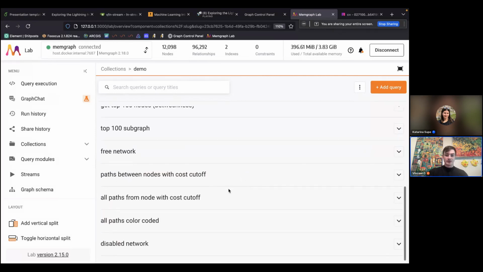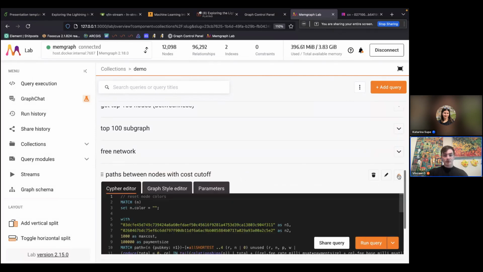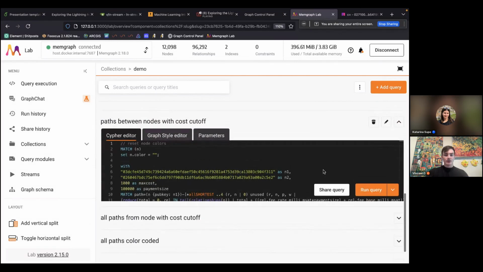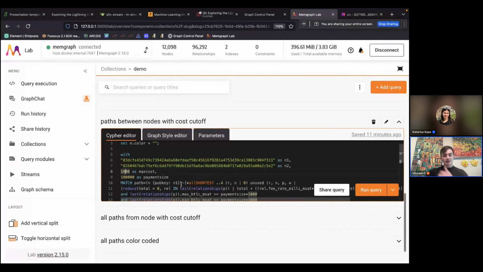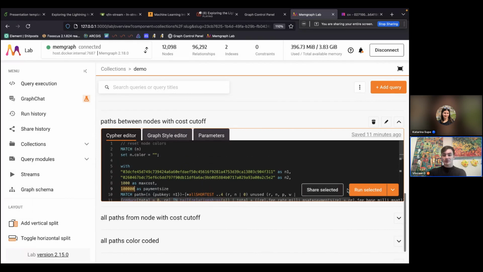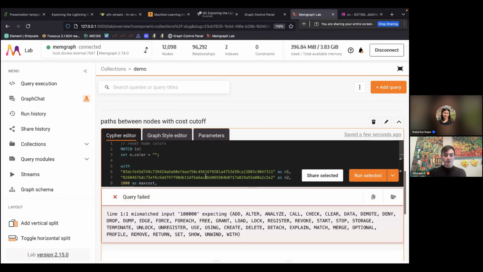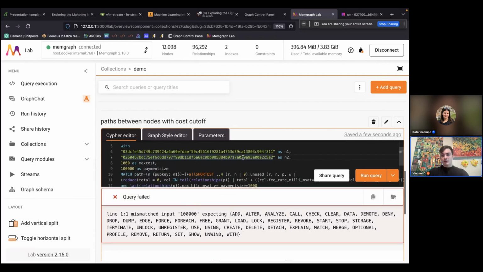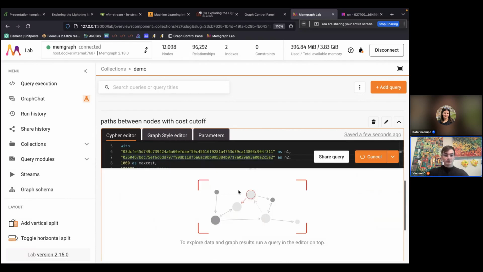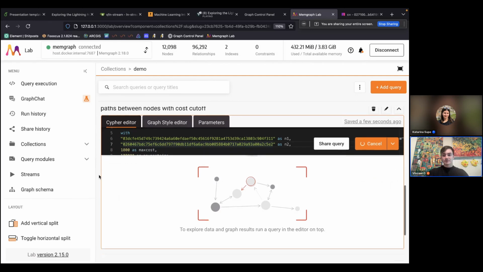And then these next are just related to pathfinding in general. So if we picked two nodes in the network, we limited the max fee that one would pay to pay the other, and then give it a payment size. So showing us all possible payment paths between those two nodes.